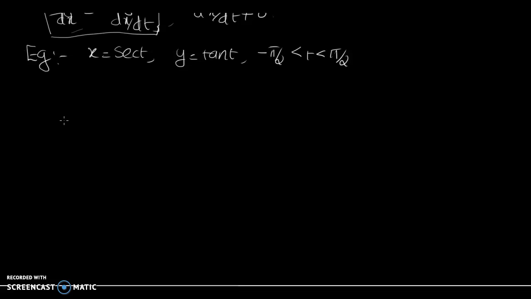In this we have to find dx by dt. Dx by dt is the derivative of sec t, that is sec t into tan t. Dy by dt is equal to sec squared t.